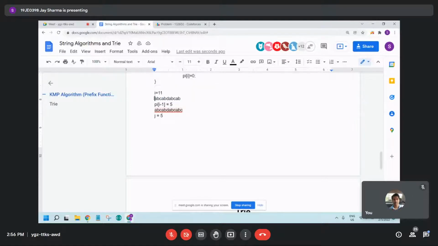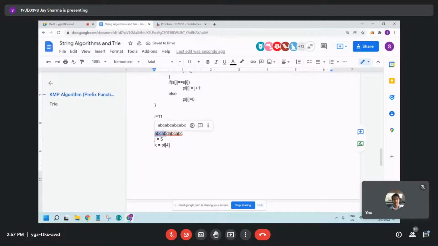So nothing but pi of 5 minus 1, pi of 4, pi of j minus 1. So pi of 4 should be equal to the value of k. And for A, B, C, A, B you had 2, like A, B, which was satisfying this property. So 2 is a possible candidate value for the last character.